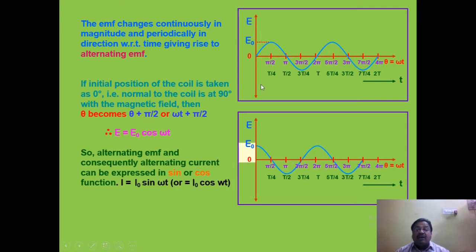Again you plot a graph taking time or omega t along the x-axis, and instead of E, I along the y-axis. The shape of the graph is again alternating in character. So we may say alternating EMF and consequently alternating current can be expressed as a sine function or cosine function of an angle that depends on time.